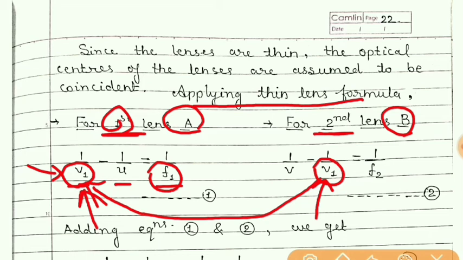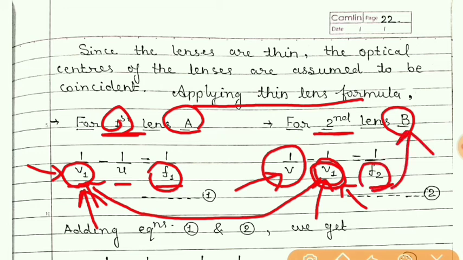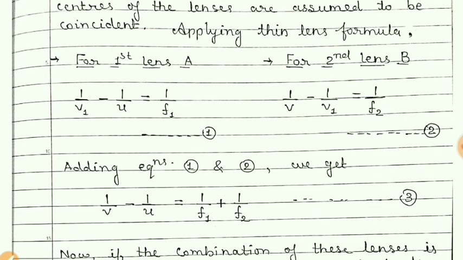So 1 upon V, here this V is the final image, minus 1 upon V1, which is nothing but the object distance for the second lens, is equal to 1 upon F2. F2 is the focal length of this lens B. Let us give this equation number 2.